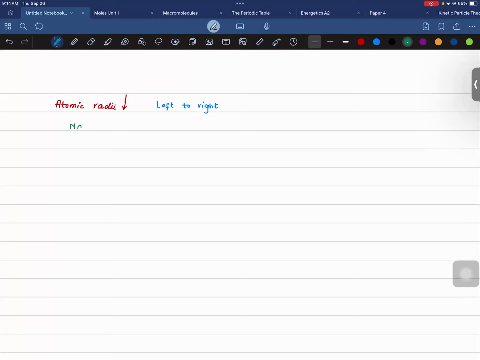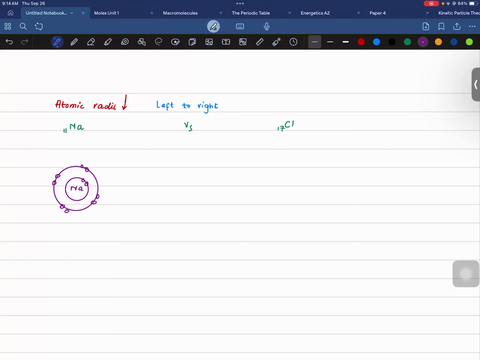Let's suppose we have sodium, whose proton number is 11, and chlorine, whose proton number is 17. Sodium has 3 shells. This is the nucleus of sodium. The first shell has 2 electrons and the second shell has 8 electrons.